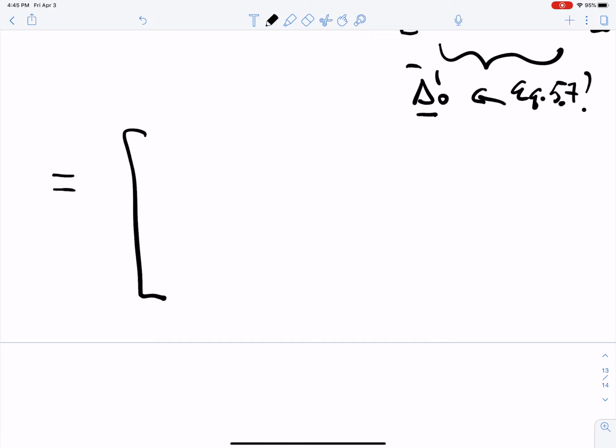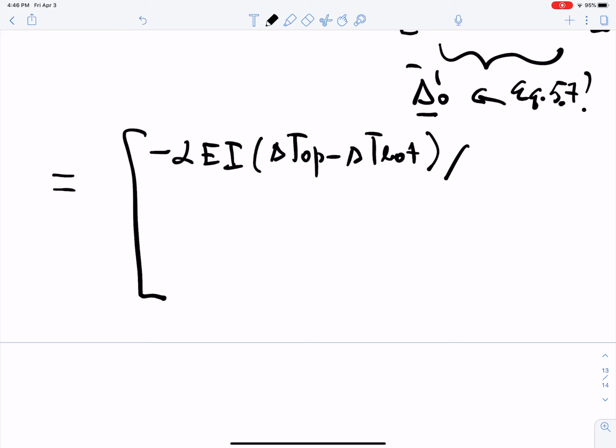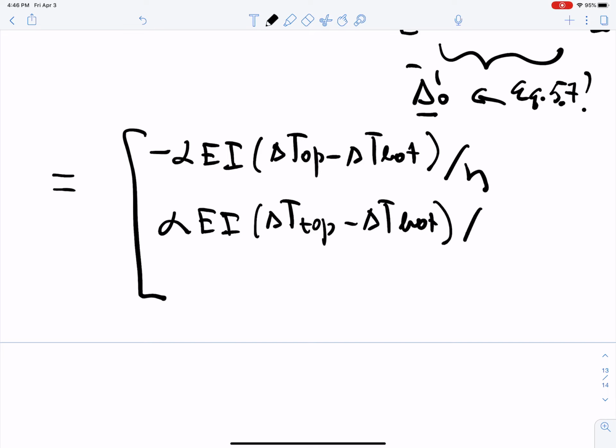The next steps, you just do the multiplication and you end up with the following vector: minus alpha EI, delta T top minus delta T bottom, over H; alpha EI, delta T top minus delta T bottom, over H; and minus EA alpha delta T central.